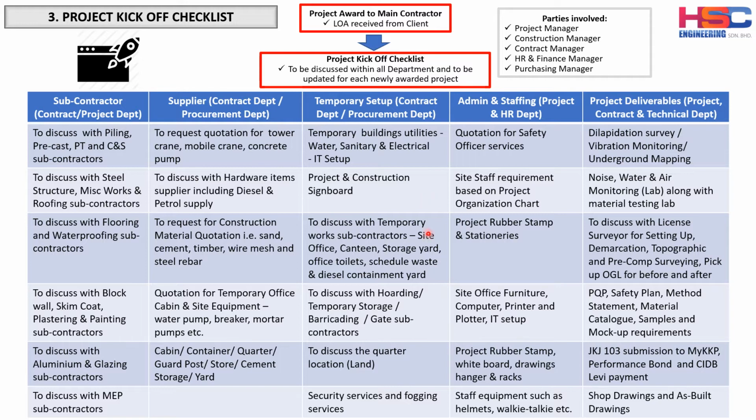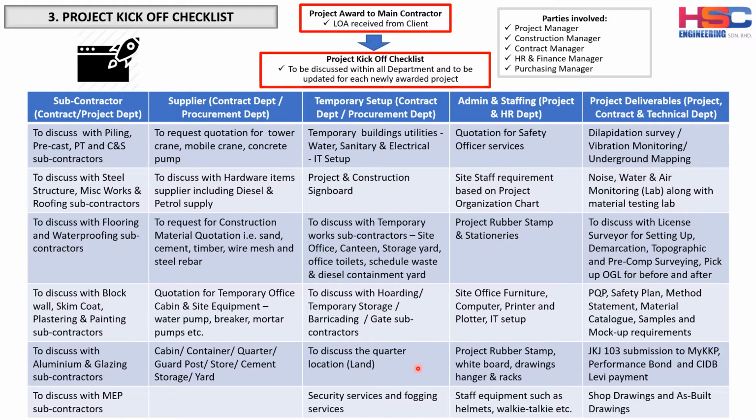So the procurement department and the contract department will also be aware of what items the project manager has in mind, so they can quickly plan it properly. And then to discuss the hoarding and the temporary barricade, which is also temporary work that needs to be done at an early stage of the project.